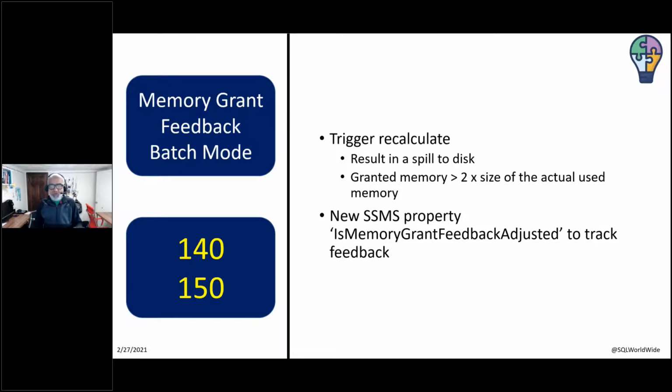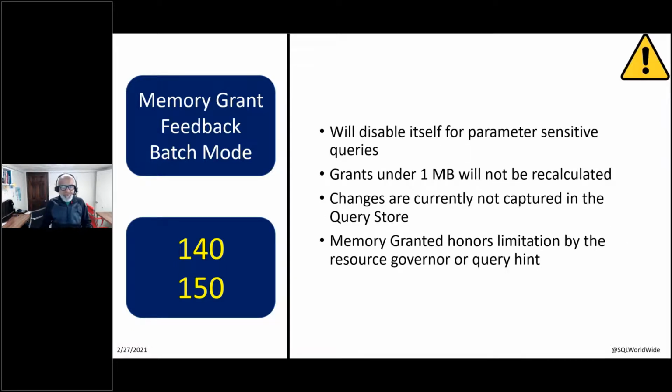Also, in SQL Server Management Studio now there is a new property that you can look at to see if your memory is getting adjusted during the next execution or not. Unless there is a spill, or your grant is bigger than twice the size of the memory that got used, this will not trigger.